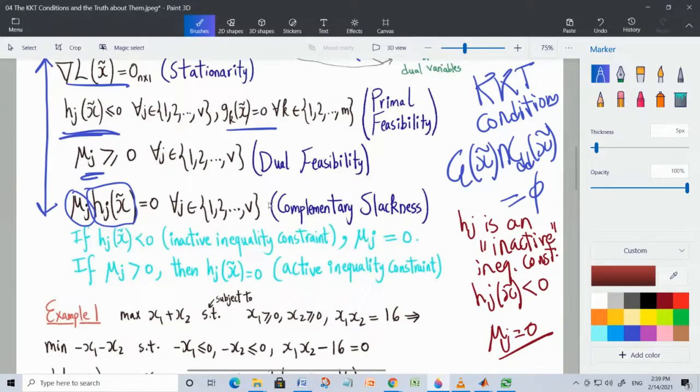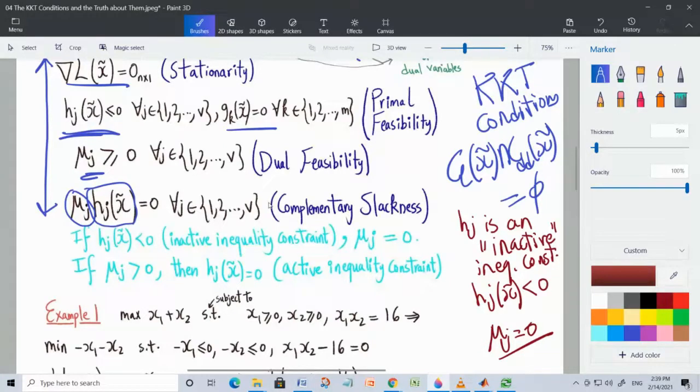Okay. So if we come here, it means that if the h function is strictly negative, you must have the associated μ to be 0.